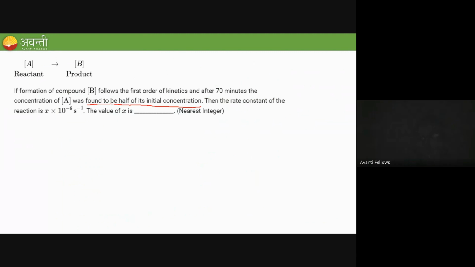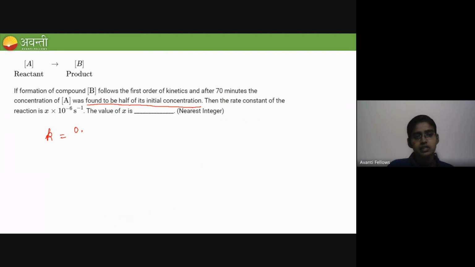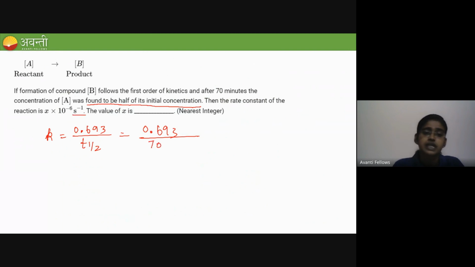The formula is K is equal to 0.693 divided by T half. T half is 70 minutes, and we have to find it in terms of seconds. 1 minute is equal to 60 seconds, so 70 minutes is equal to 70 into 60.